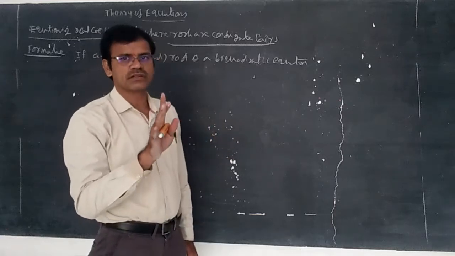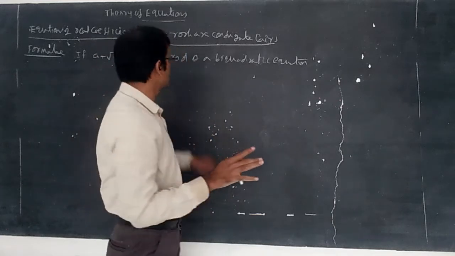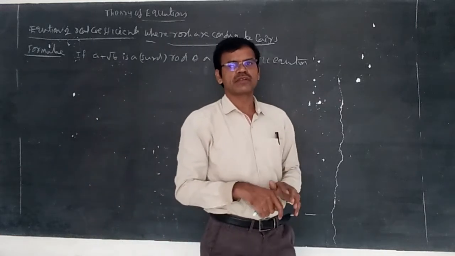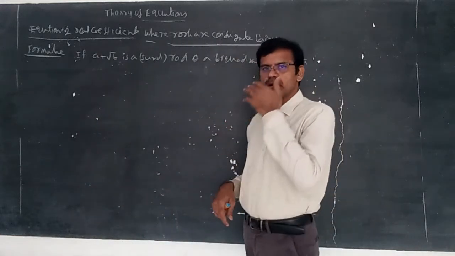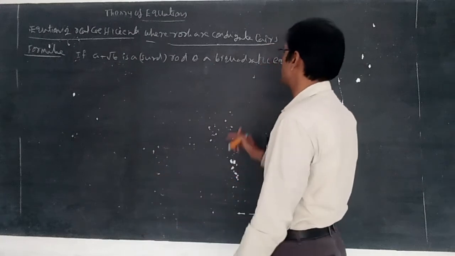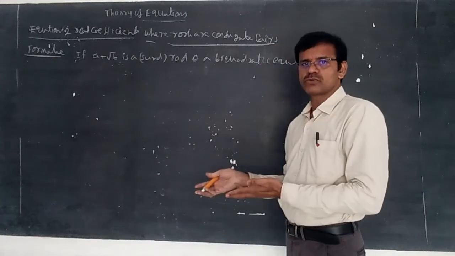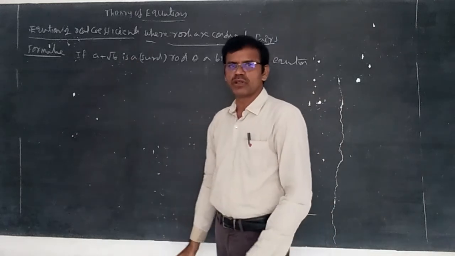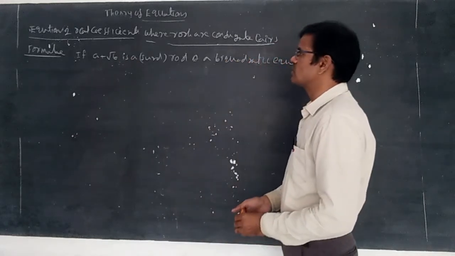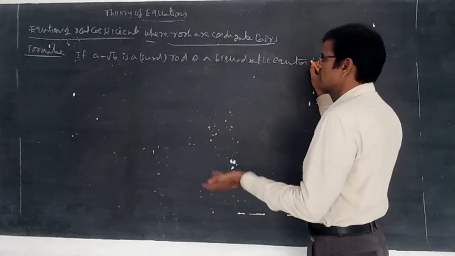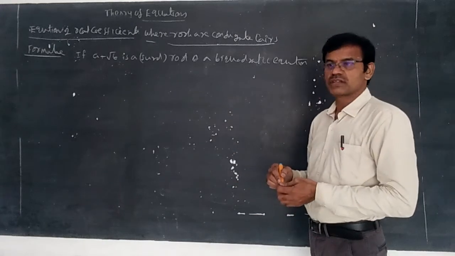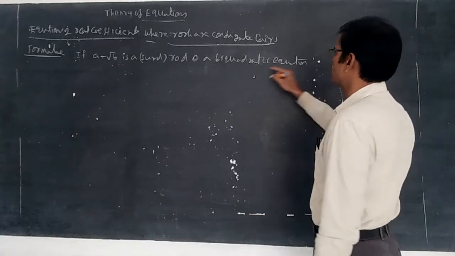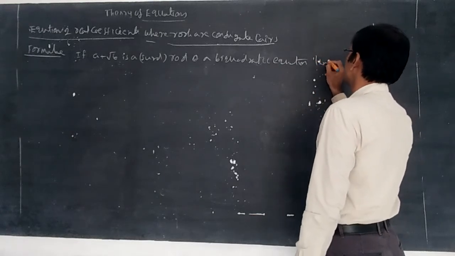Unless they mention otherwise, if a plus root b is the only single root given, then you can understand a minus root b, minus a plus root b and minus a minus root b are also roots. If they give another two roots, no need to calculate, simply a plus root b and a minus root b are the only roots. If they did not mention, then you can understand a plus root b, a minus root b, minus a plus root b, minus a minus root b all are roots of a biquadratic equation.